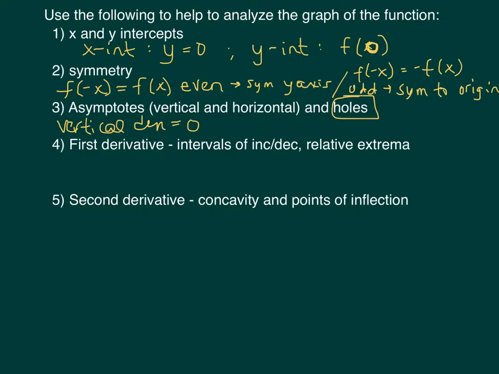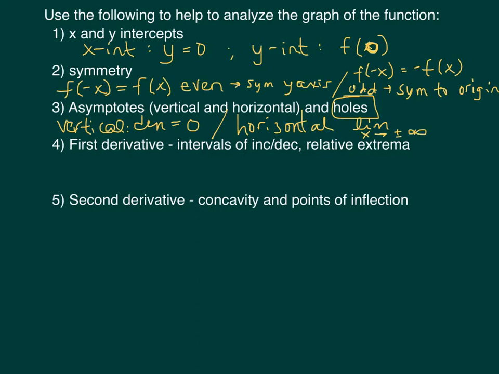When you have the rational function that's remaining, if you set the denominator equal to 0, that's where you get your vertical asymptotes from. For your horizontal asymptotes, that is the limit as x is approaching positive and negative infinity.